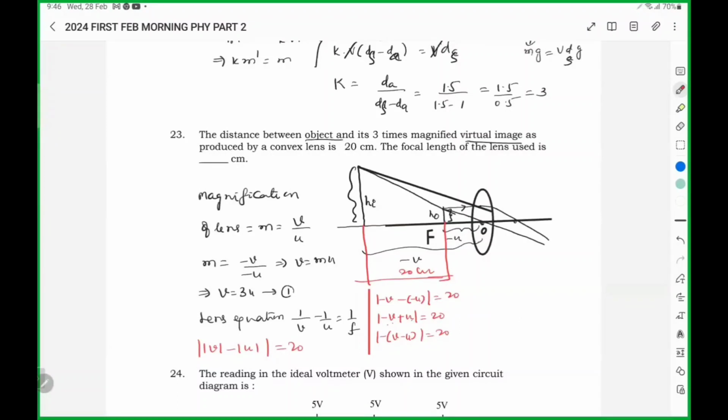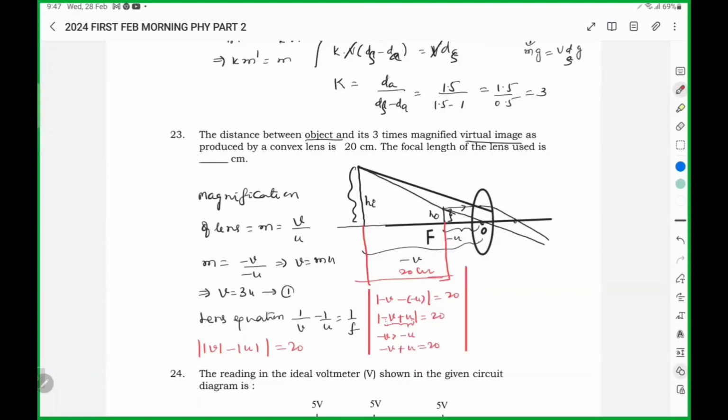So V minus U will be 20. V is negative, minus V is more than minus U, so it will be positive. So minus V plus U is 20.